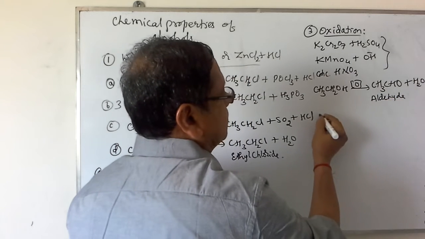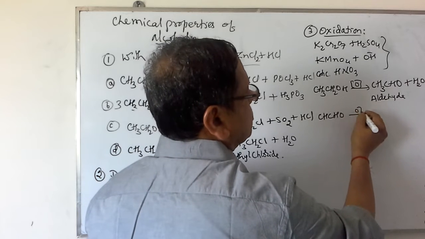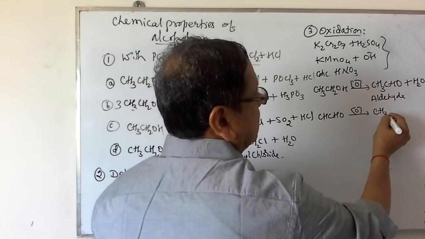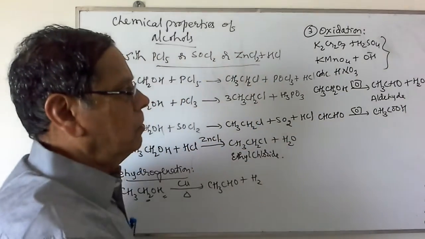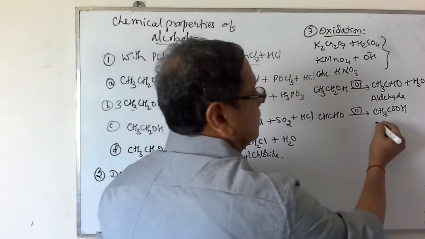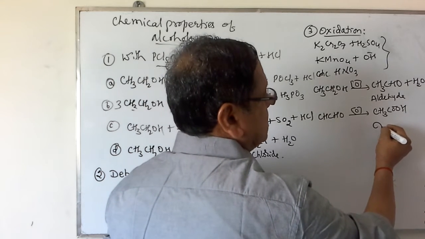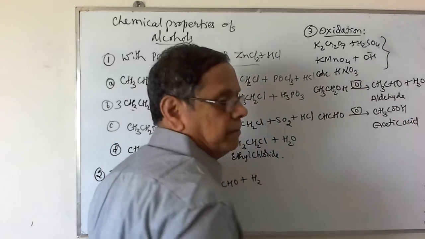The same aldehyde on further oxidation will give rise to the corresponding acid. We observe that primary alcohols give rise to aldehydes and finally acids. This is acetic acid with the same number of carbon atoms.